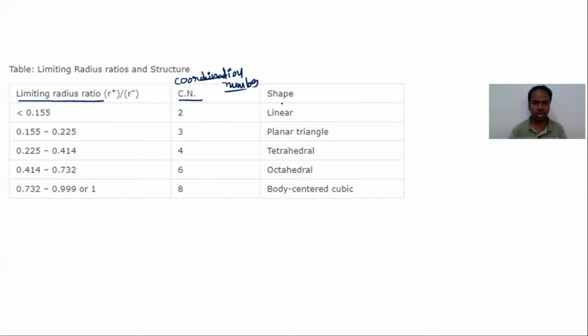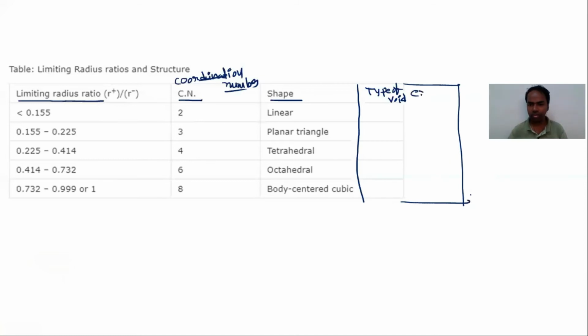The next column is shape, the shape of arrangement of anions. Here I want to add one more column, type of void. The last column is example.